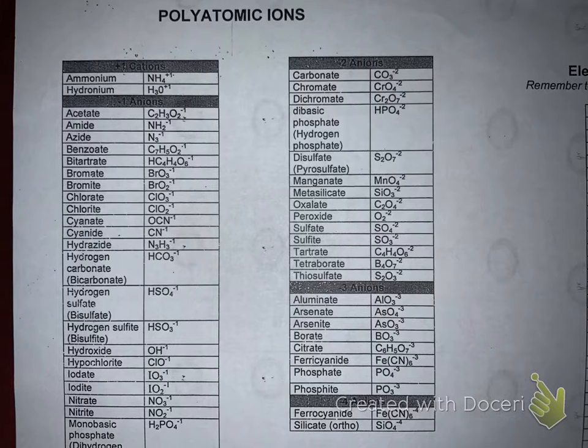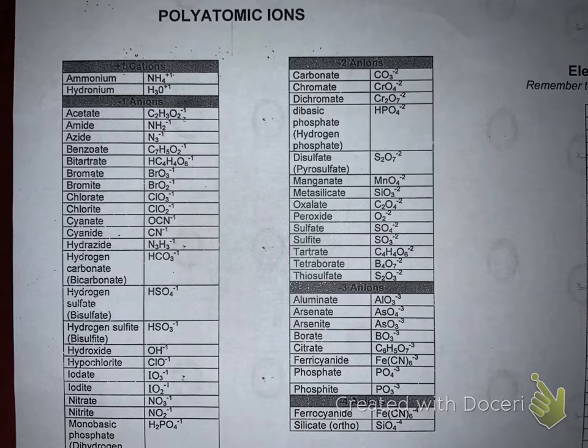The first is the polyatomic ions. Polyatomic ions are a group of ions that work together. They're permanently bonded together. They work as one, they treat as one, they act as one. So even though it's made out of multiple ions or multiple atoms, you still treat it as one thing.